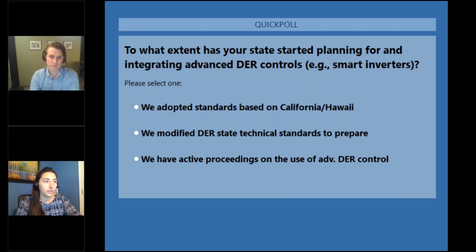Option B, modifying DER technical standards to prepare for equipment availability. Or C, we have active proceedings on the use of advanced DER control. And once we get a sufficient polling number, we will reveal the results.